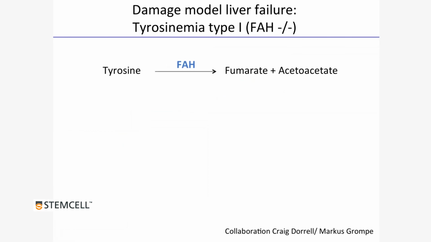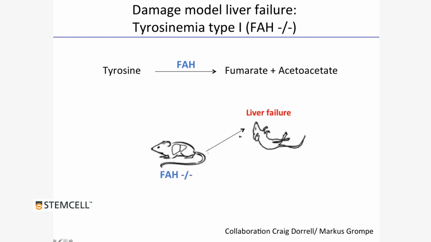In that model, the mice are lacking FAH, and because of that, tyrosine cannot be metabolized in its normal pathway, and it accumulates intermediate metabolites. The result is that these mice, as well as the humans affected by this disease, undergo liver failure very quickly postnatally.